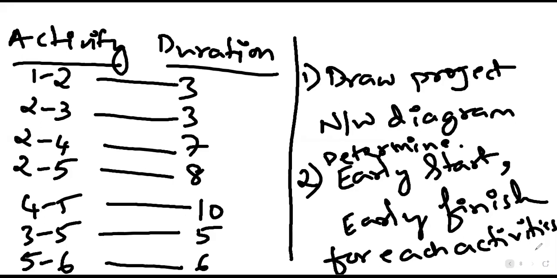Activities are the arrows represented in the network diagram, correct? For each of the activities, we are supposed to determine the early start and the early finish. That was the question statement, but we have only calculated the early start for each of the nodes. Node means the starting point or the end of each activity. So we'll go back to the previous problem.